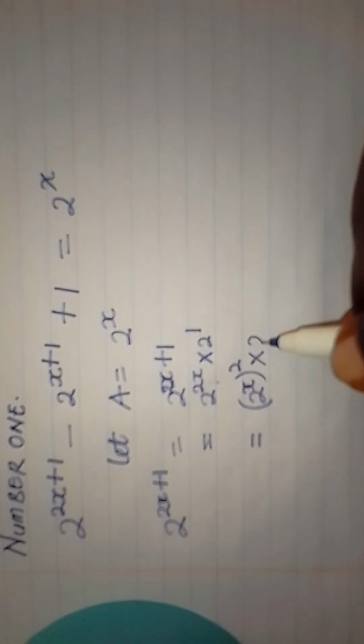Now, 2 to power 2x is the same as 2 power x, then power 2, then times 2, which is the same as 2a squared.